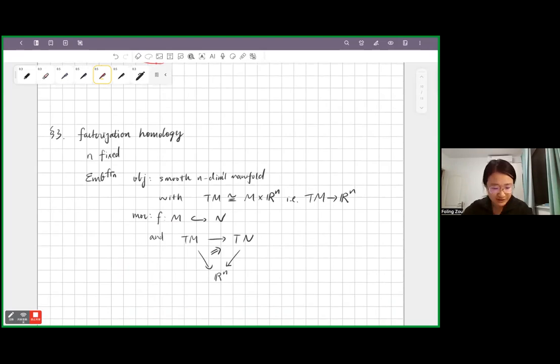Okay, so let me quickly say something about the application to factorization homology. If we fix the dimension n, we can define a topological category of framed smooth n-dimensional manifolds whose objects are smooth n-dimensional manifolds with a framing of their tangent bundle, and whose morphisms are embeddings of smooth manifolds and a homotopy in the framing space.